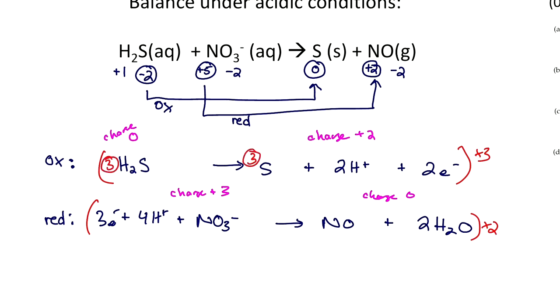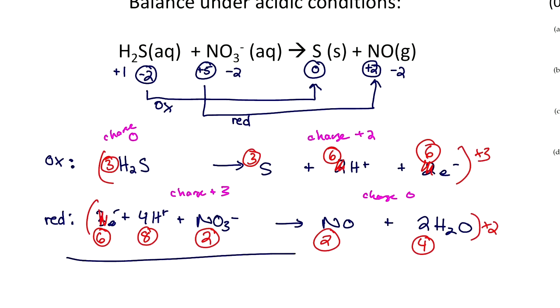There's 3 sulfurs, there's 6 H+, and there's 6 electrons. And then times 2 in the reduction reaction, there's 6 electrons, 8 H+, 2 nitrates, 2 NOs, and 4 waters.